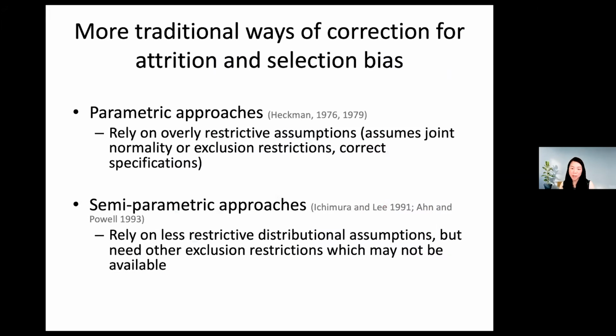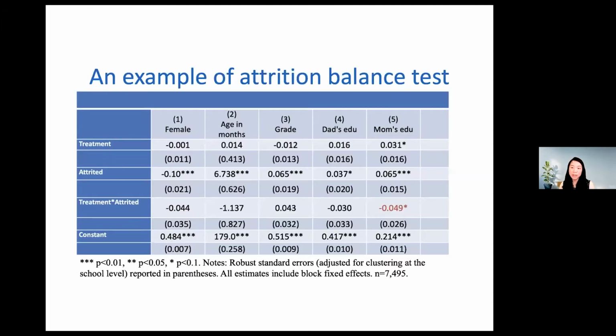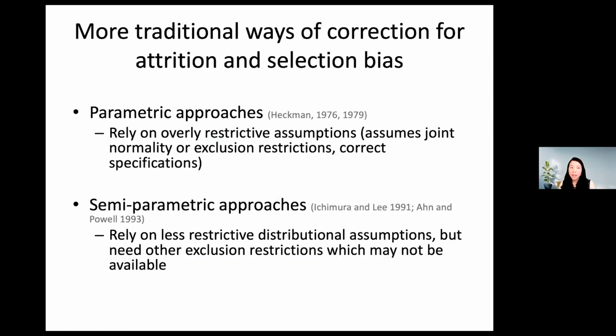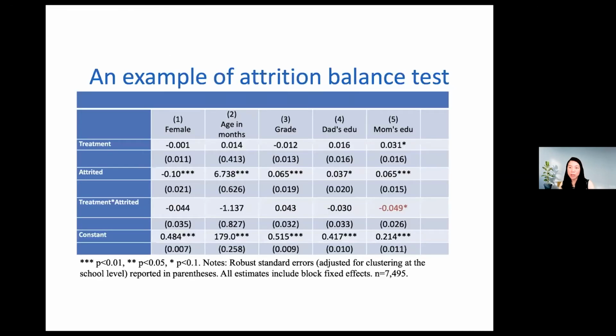But even if it's not balanced, which is also fine, you just need to think carefully about how that's gonna affect your result. That's all. The table I show here is a traditional way, same as our balance test for randomization. You look at each variable and see whether the two groups are still balanced or not on each characteristic.